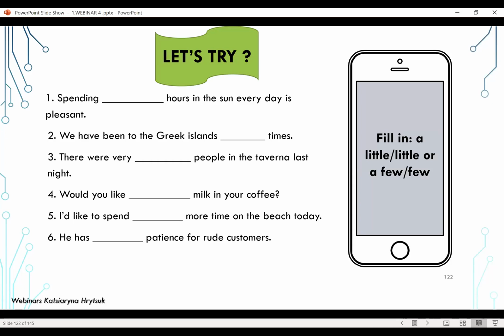He has... So patience, countable? Excuse me. Patience. It's patience, not patient. Yes, you are patient. You can teach students hours how to use countable and uncountable nouns.